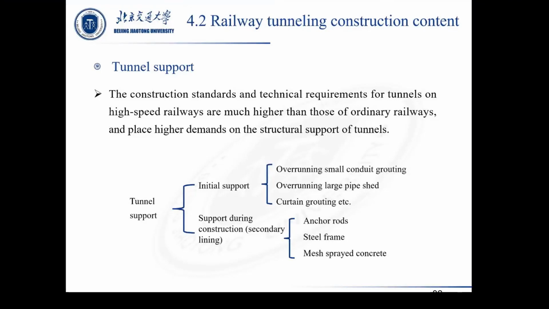Tunnel support can be divided into two categories: initial support and support during construction. And the initial support consists of small shotcrete, large pipe shed, and cattle ground.